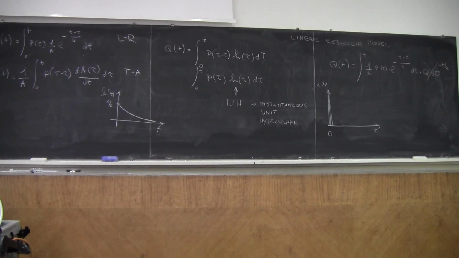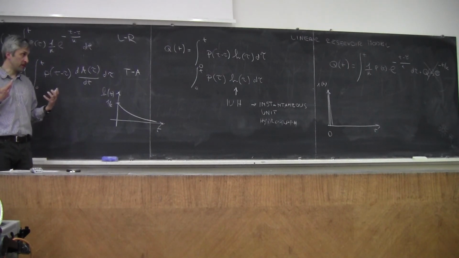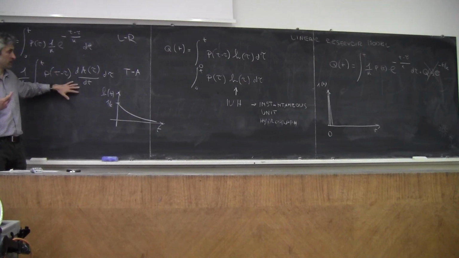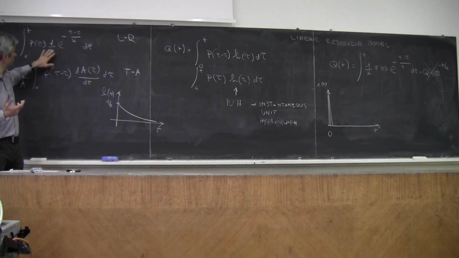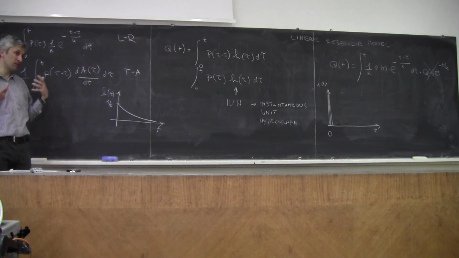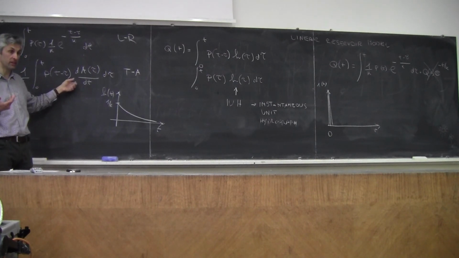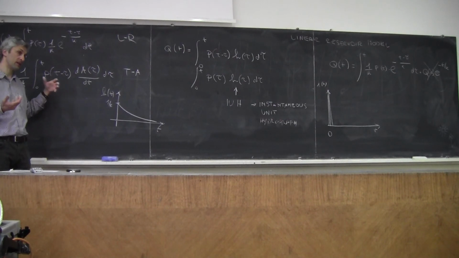And my reply is, look, the difference in these two models is the instantaneous unit hydrograph, which is a parametric one in the linear reservoir, and is instead given by a function which is not immediately parametric, namely the derivative of the time area curve over time in the time area method.